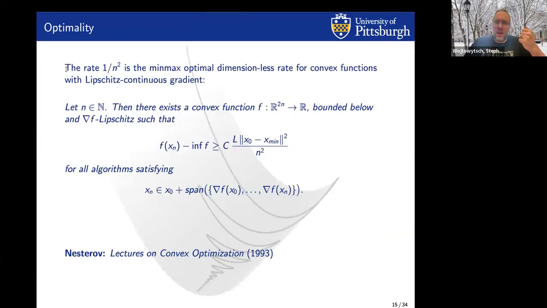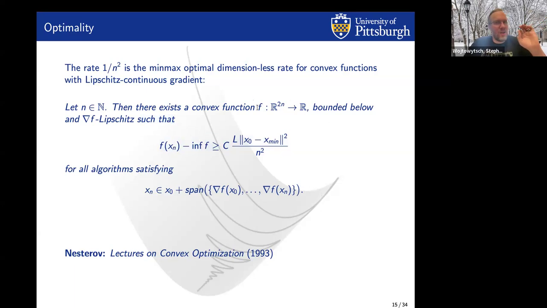And there are guarantees here that this 1 over n squared rate is actually minimax optimal. I think this goes back to Nemirovsky. The reference is definitely not the original source of this, but if we have any algorithm that works by just adding the gradient at the current iterate and previous gradients, so if we are inside this Krylov subspace, then we will have a lower bound that you can't do better than converging at the rate 1 over n squared in terms of iterations.